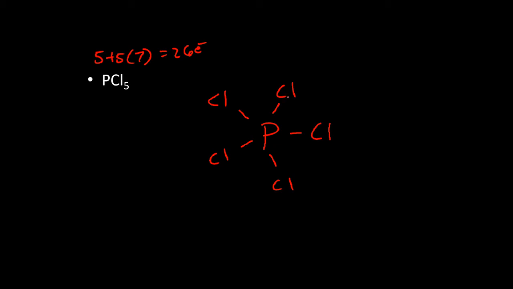And if we put in the lone pairs on the chlorines here, we'll just pick one and go with it. So we have 10 already in there. So 12, 14, 16, 18, 20, 22. Oh wait, I miscounted that.